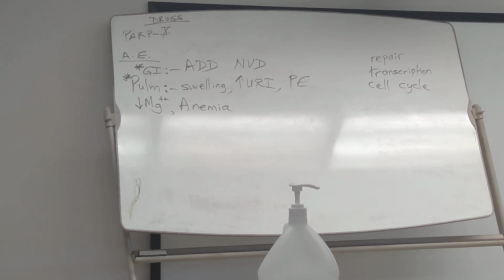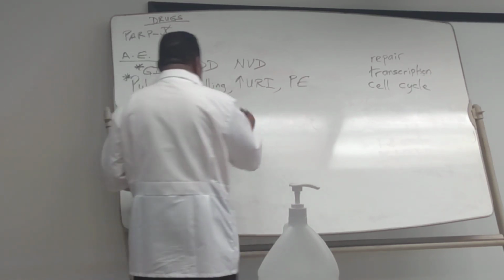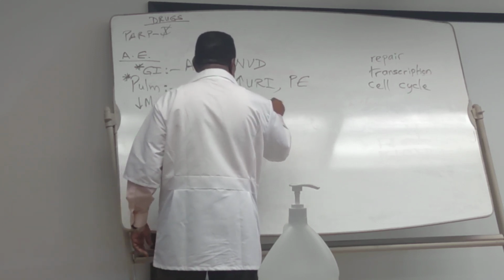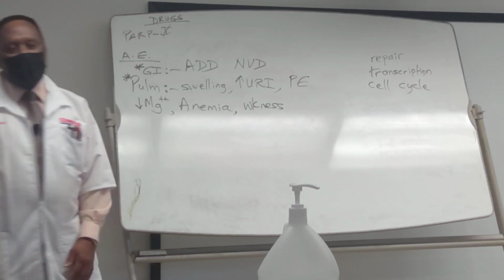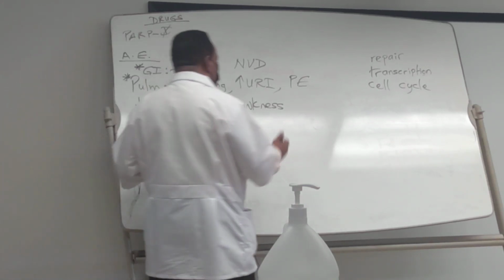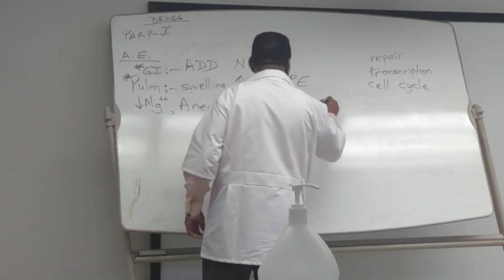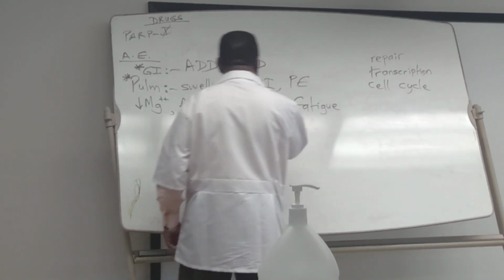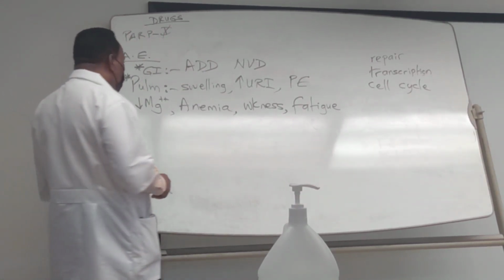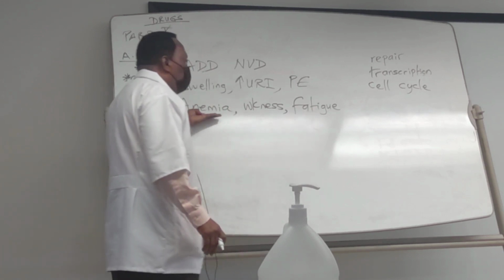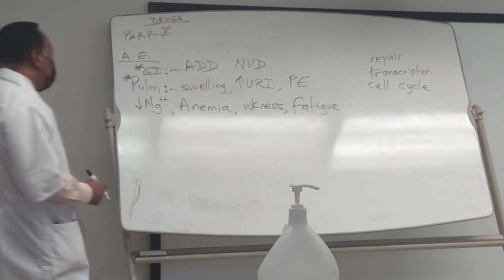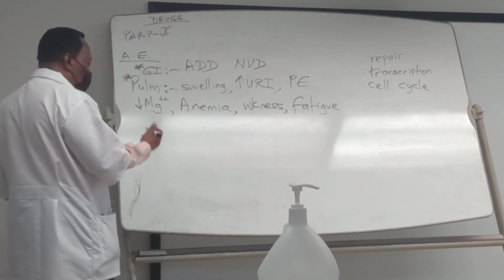The anemia may be responsible for the overall weakness that the patient feels. You know, they feel fatigued, they have muscle weakness during therapy with olaparib. So all of those may probably result from the anemia that it can generate or produce.